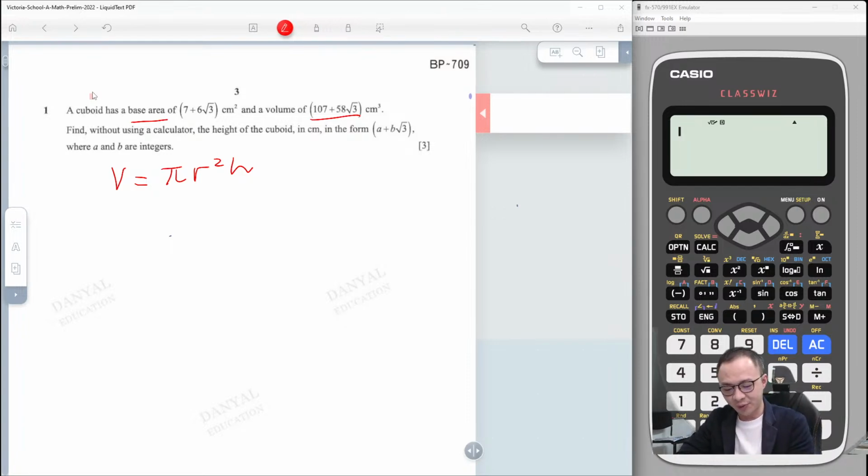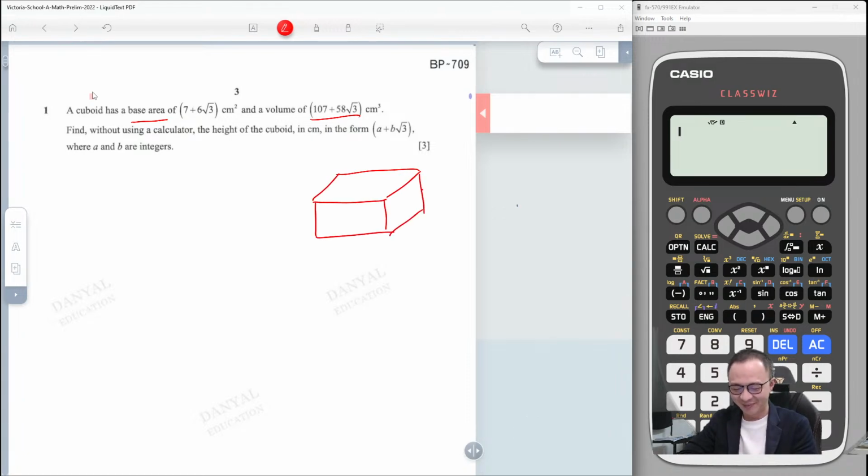Okay, so we will insert volume 107 plus 58 root 3 equals to pi r squared, which actually is the base area, right? If you go to the cylinder, oh, this is a cuboid, man. Oh my god, the first question, I literally almost made a mistake. This is a cuboid, because the question I gave is a cylinder.